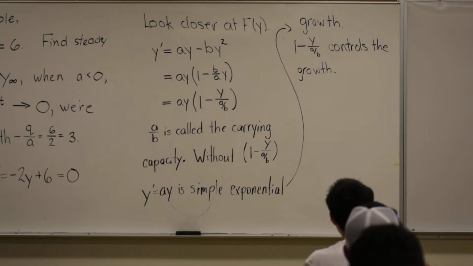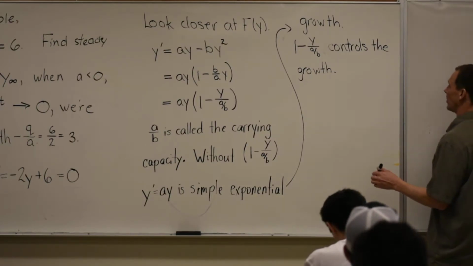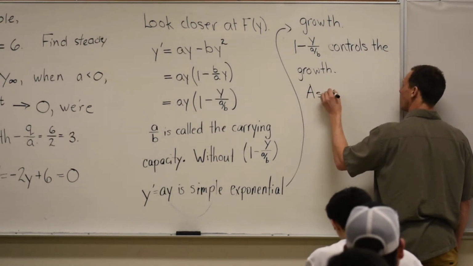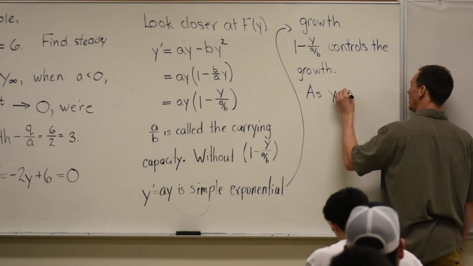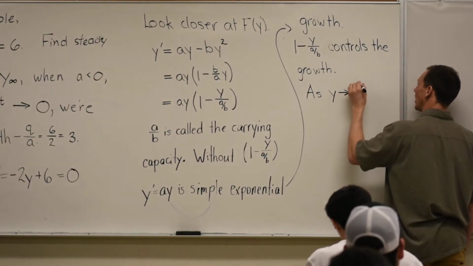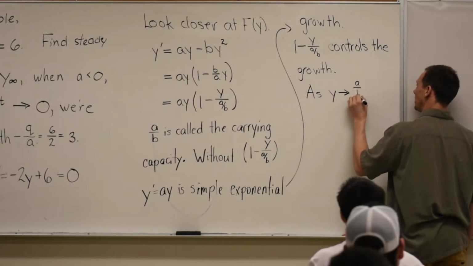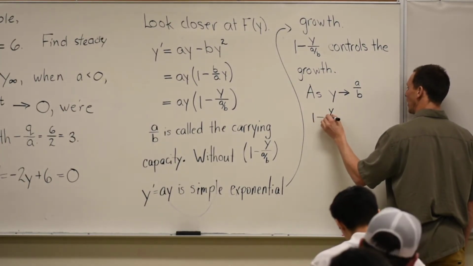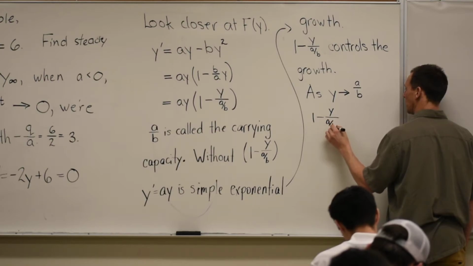Well, think about this. As y starts getting larger, as y begins to approach a over b, 1 minus y over a over b.